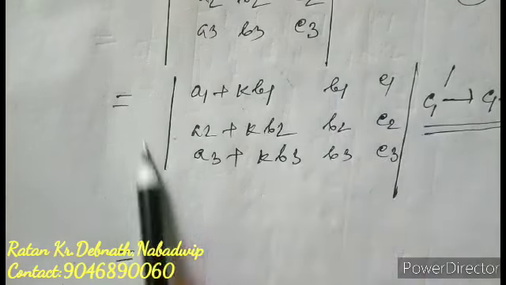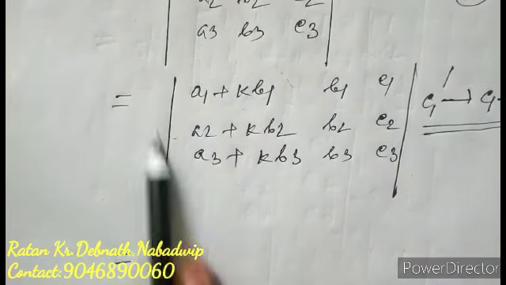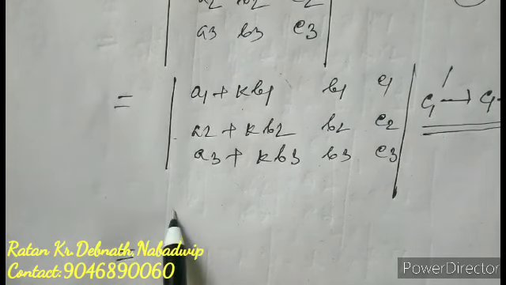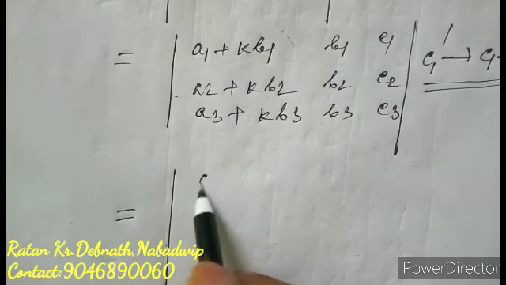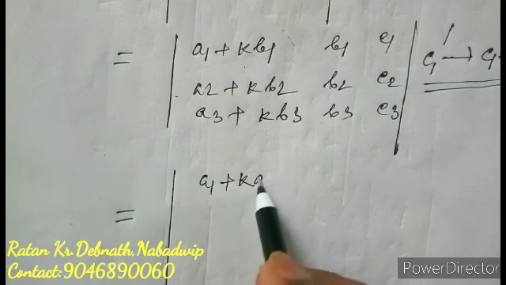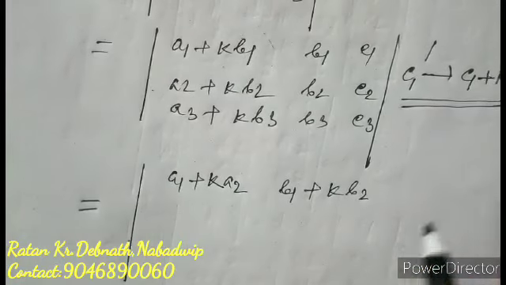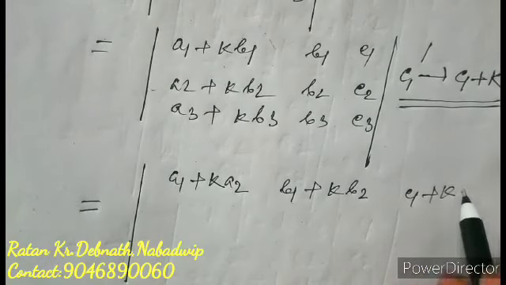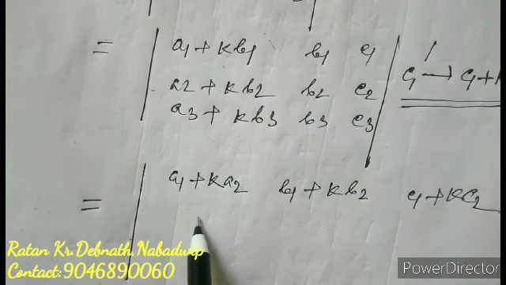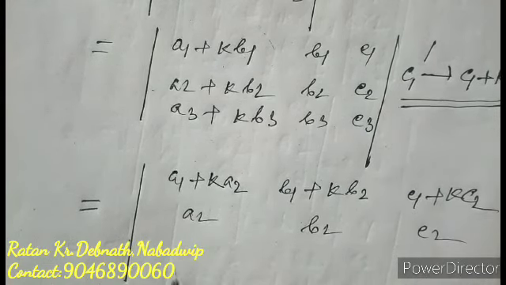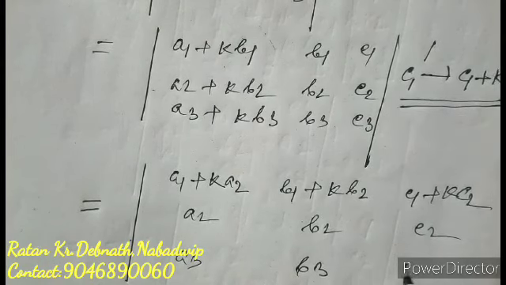We can write this in another form. We did here the column operation. We can do the same thing by row operation, like A1 plus k into A2, B1 plus k into B2, C1 plus k into C2, and the other two rows of the determinant unaltered: A2, B2, C2, A3, B3, C3.